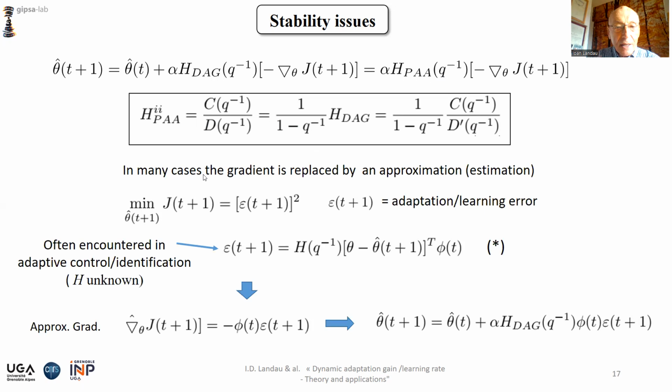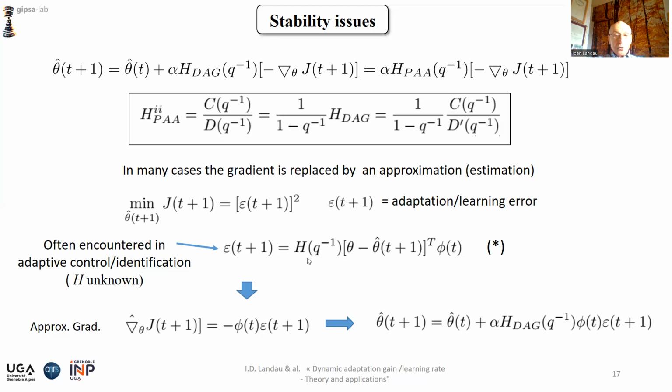Now, in many cases, the gradient is replaced by an approximation. Given a criterion of this form, where epsilon is the adaptation error, we often encounter an equation for generation of this error, which is a filter applied to a scalar product between the parameter error and a regressor vector.